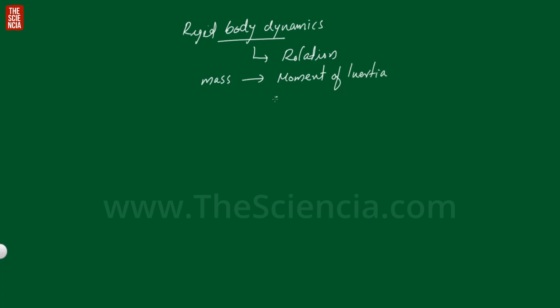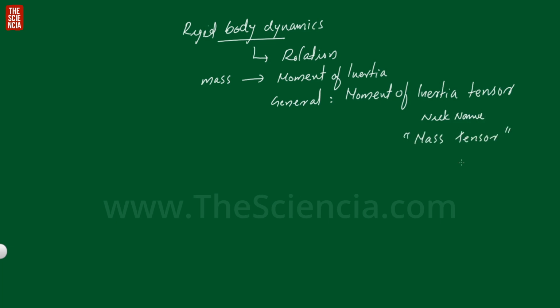And in general, we call it the moment of inertia tensor, right? And I call it the moment of inertia tensor with a nickname, that is mass tensor, or the mass in rotation is not a scalar, it is a tensor.